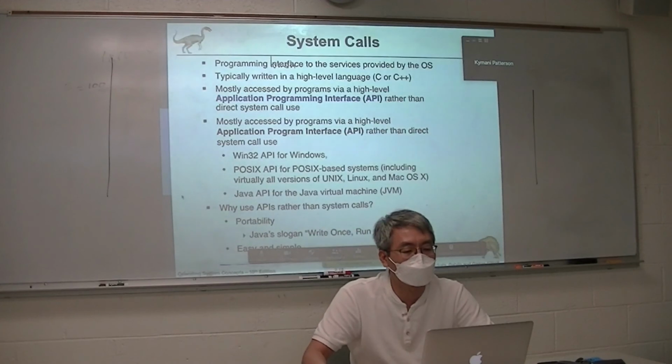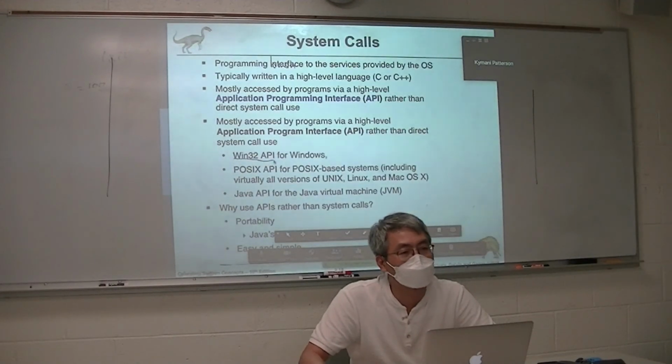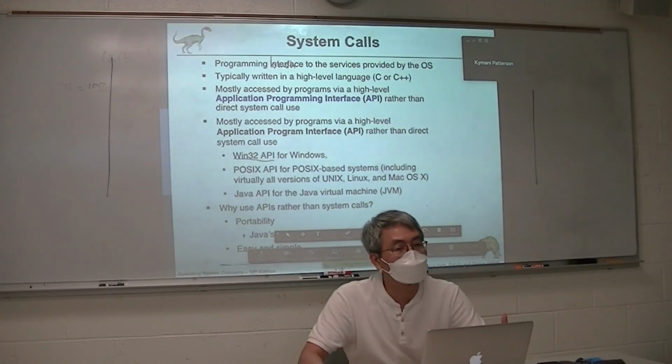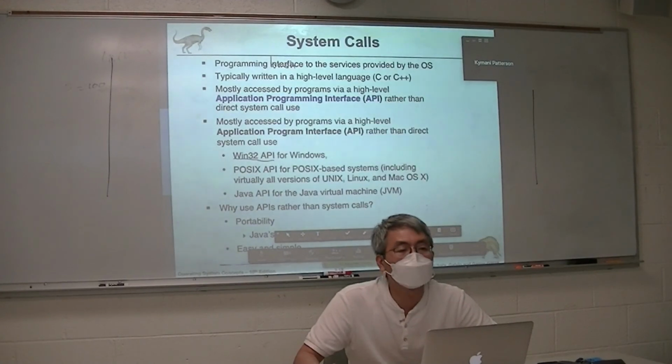Keep in mind there are two main types of the system code library. One is the Win32 API. Obviously, it's for Windows. So if you are using C++ or .NET or C#, such Microsoft-oriented programming, you can use the Win32 API.